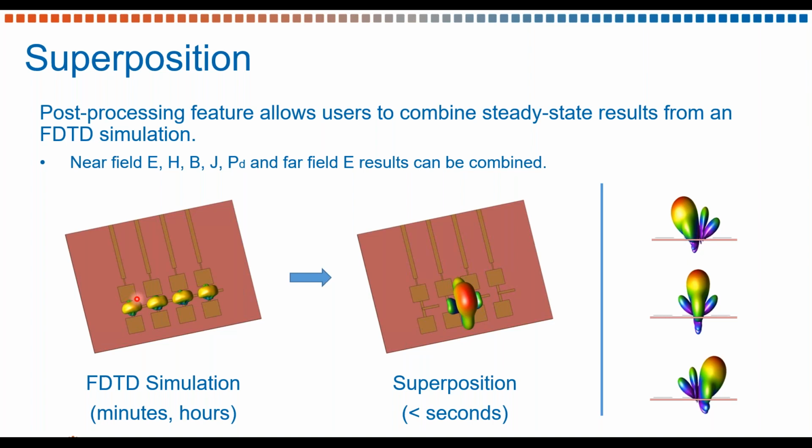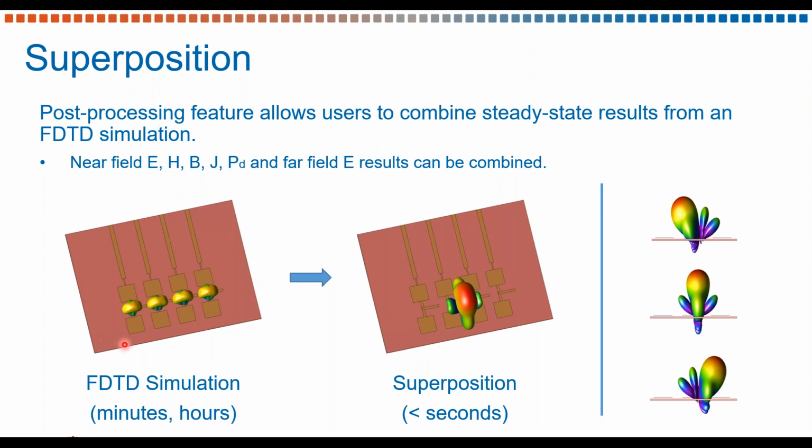The first pattern here is obtained by exciting the first element to the left. Similarly, 3 other patterns are available by exciting each of the individual elements. This simulation would take anywhere between minutes to hours based on how complicated your geometry is.